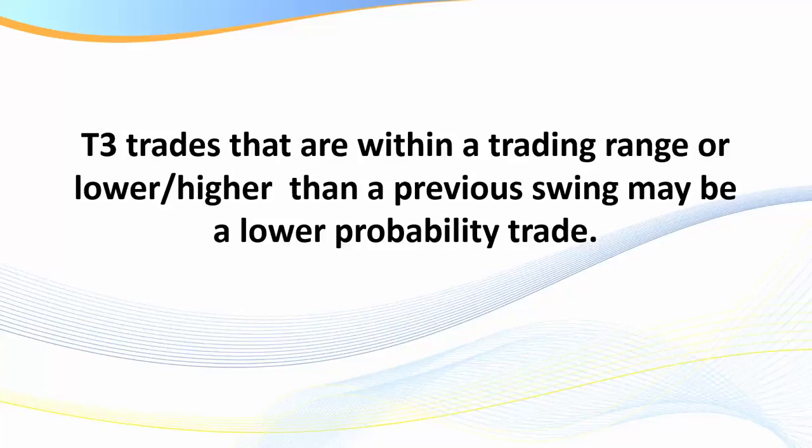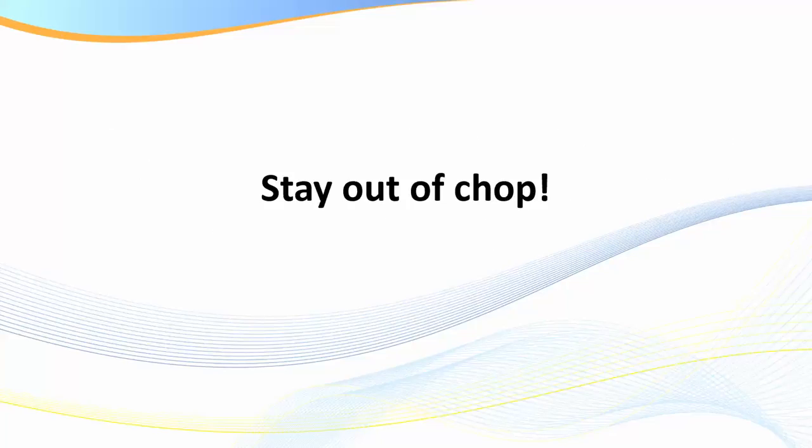And if I remember, I'll highlight that, but just be aware your very best T3 trades are setting new highs or new lows. They're a much higher probability trade if you're setting a new high or a new low.